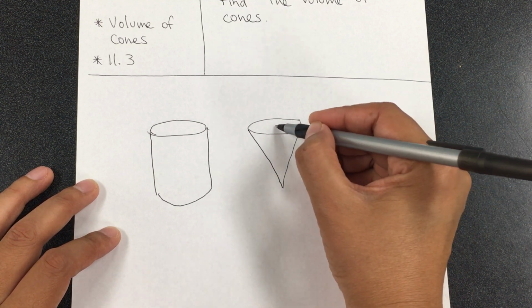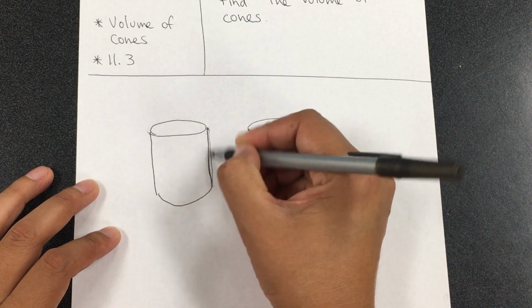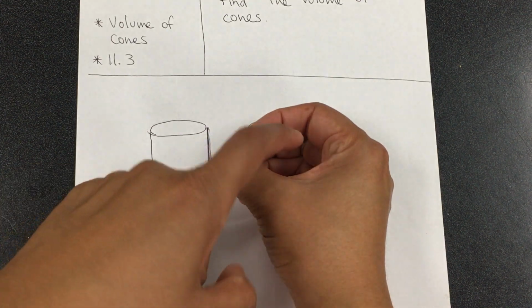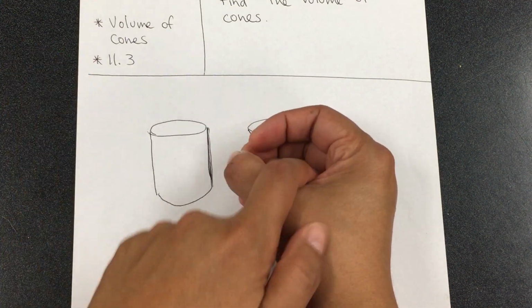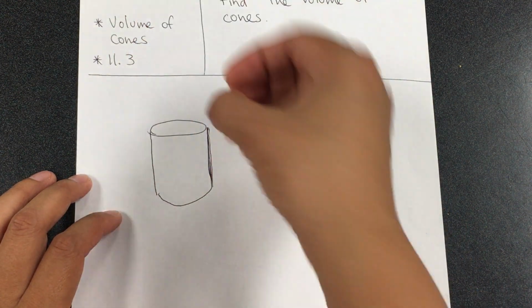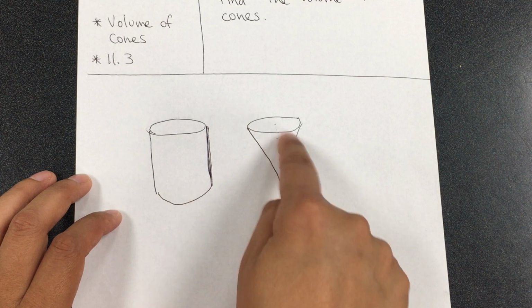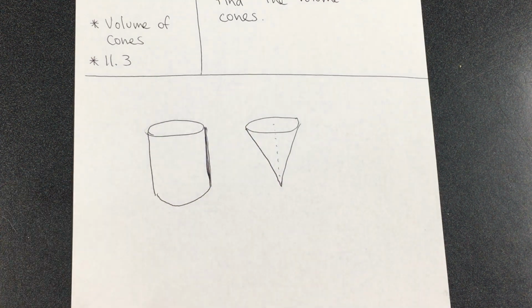So this height right here, from here to here, is the same as from here to here. In one video they put popcorn, in another they put liquid, and they empty it, and they fill three cones to fill up the whole cylinder. Okay, so that's the demonstration.